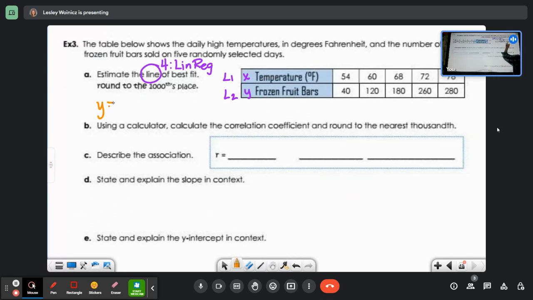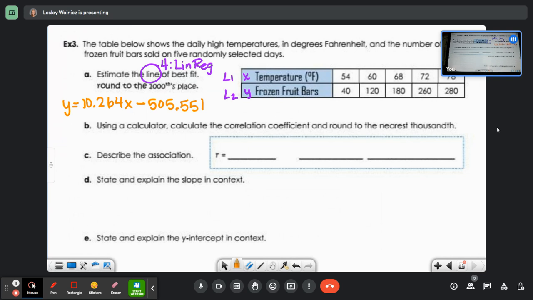Y equals 10.264x minus, I did not give myself enough room. Sorry, y equals 10.264x minus 505.551.